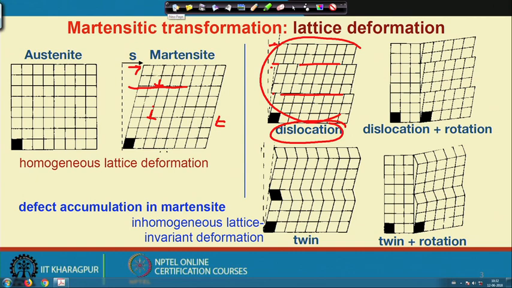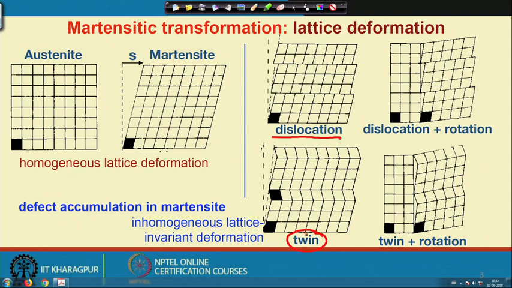So, dislocation is a good lattice invariant deformation process for martensitic transformation. Please remember that this dislocation we are talking about is not in the austenite phase, it is inside the martensite phase.